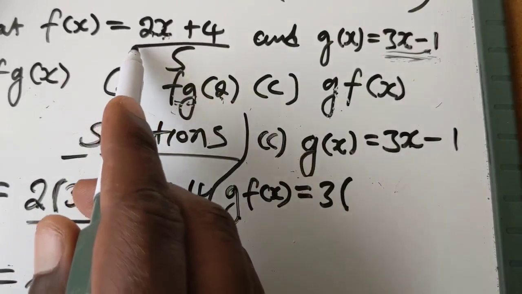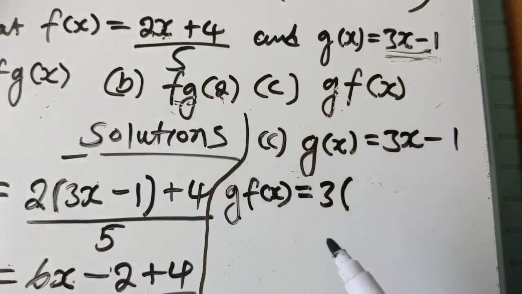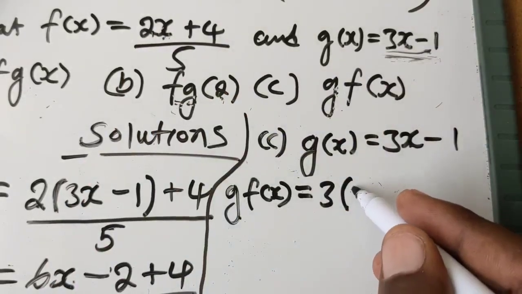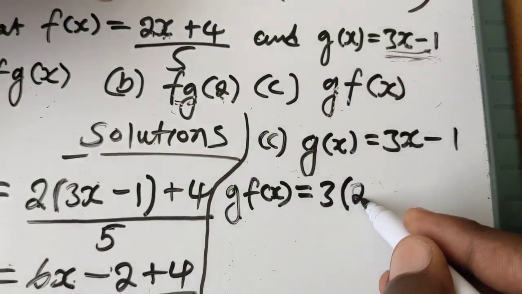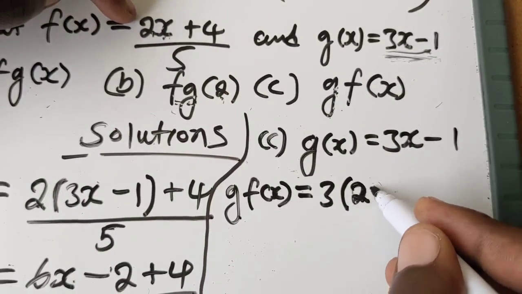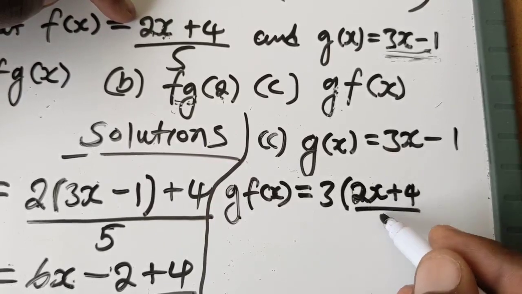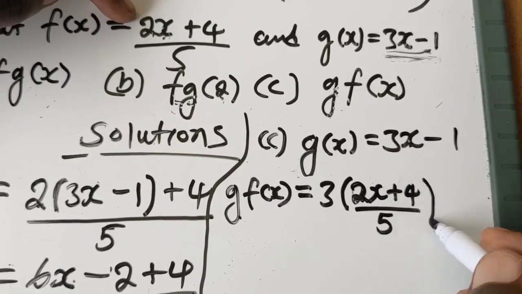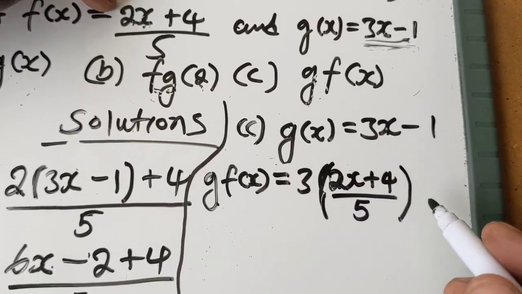So we remove x and we put 2x plus 4, that is the function we are replacing with, divided by 5. So this is the function that we have replaced g with.